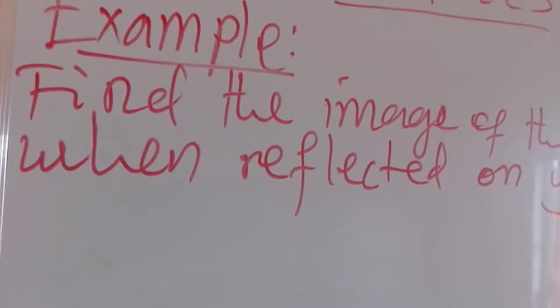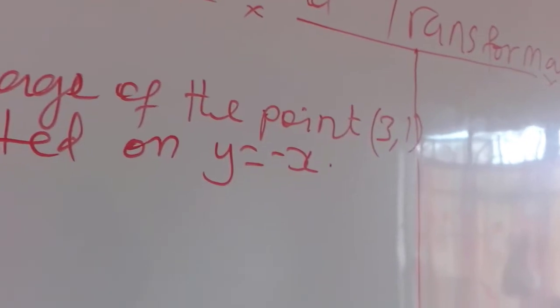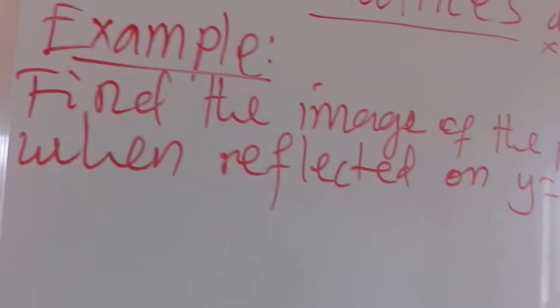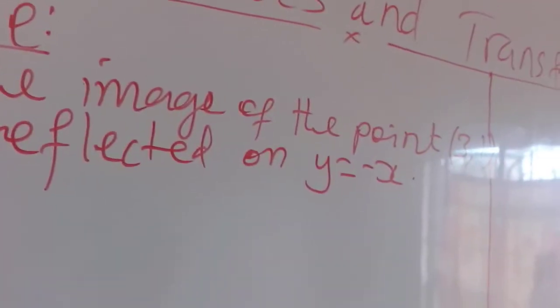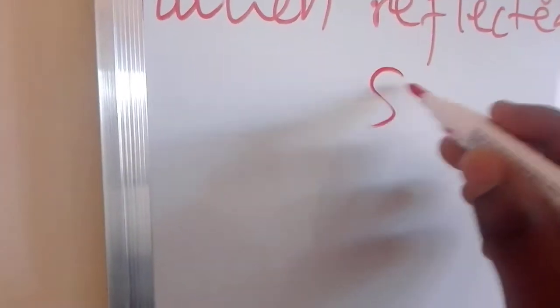We see an example here. Find the image of the point (3, 1) when reflected on y equals negative x. Let's start with the solution.